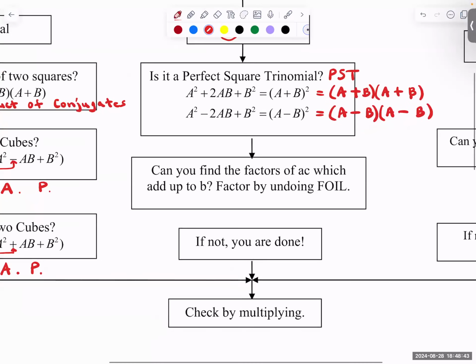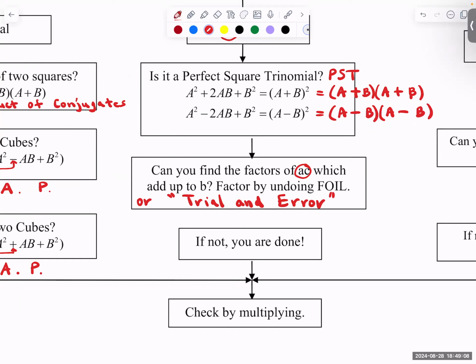If you don't have those special cases, you can use the AC method or just trial and error, where you try a factorization, check it to see if it's correct, or you encounter an error.